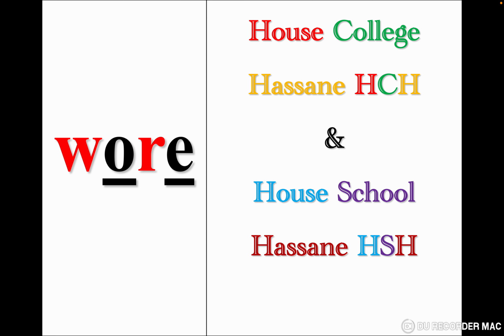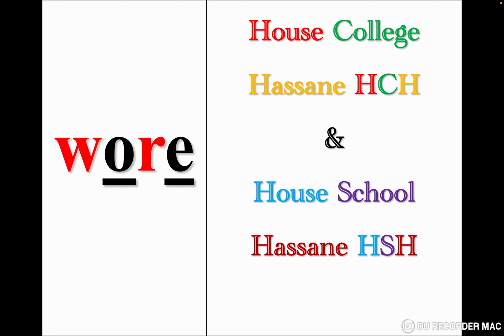Wear. So to put on clothes, to wear. So we are going to change ea to o and e at the end. But there is a problem. I said to you in the previous lessons, when we have o, we pronounce it o. But in this verb, we are not going to pronounce it o. English is a crazy language. So just bear with me. So here we don't pronounce it o, we pronounce it war.